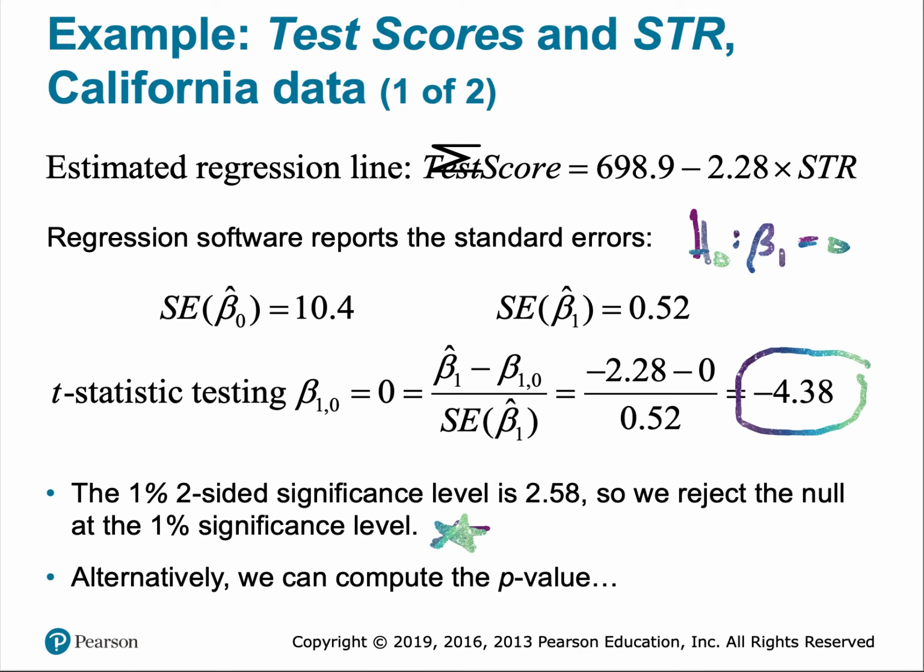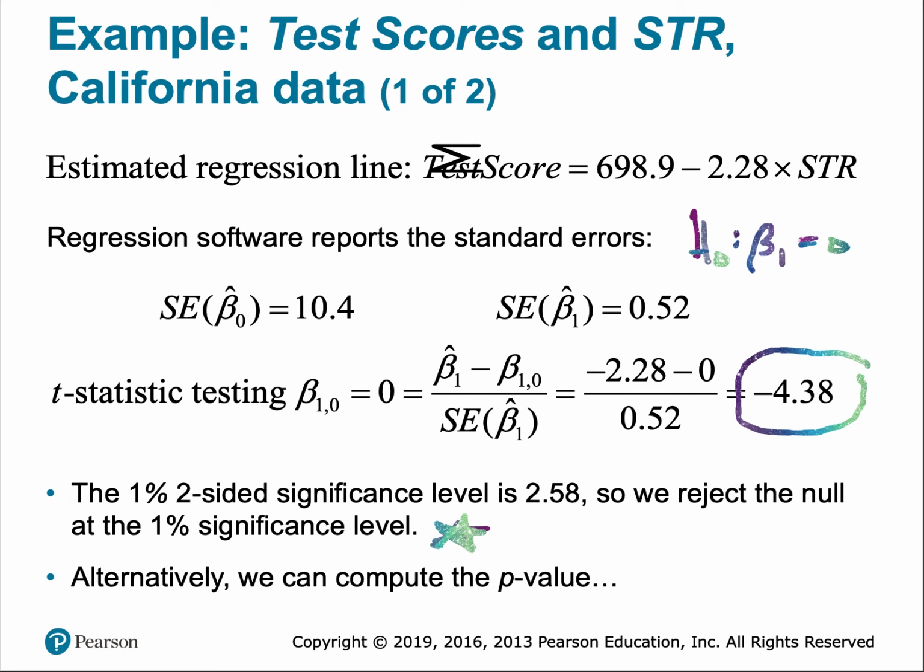In the last video, we discussed constructing a test statistic to test a hypothesis about the slope of the regression line, beta 1. And we saw that testing a hypothesis about the value of the slope is equivalent to testing a hypothesis about the value of the mean.